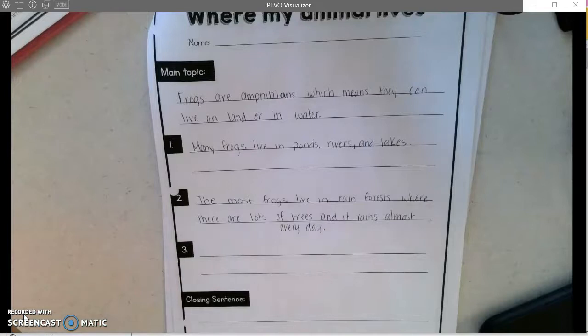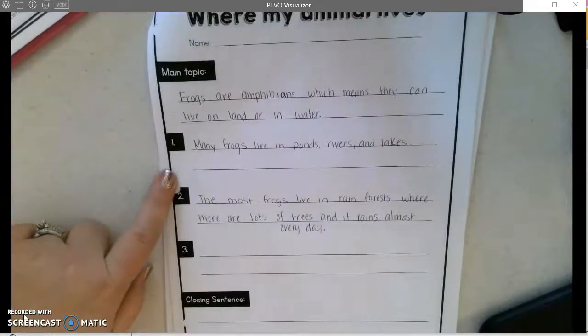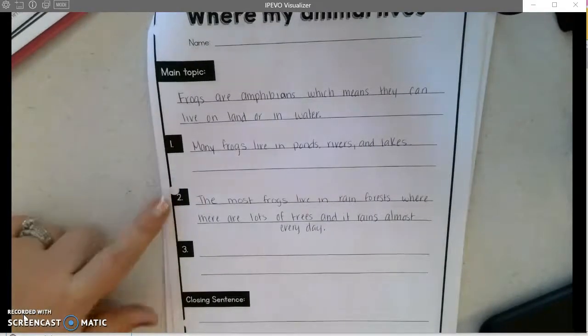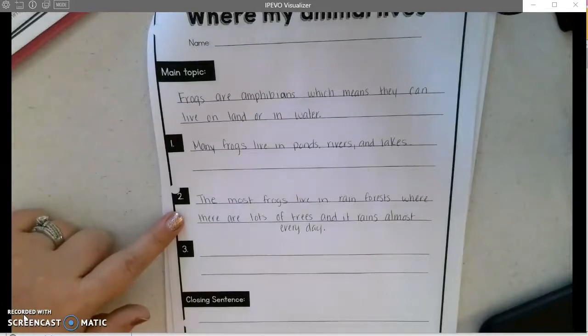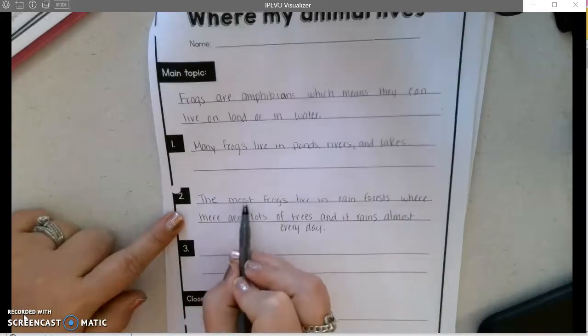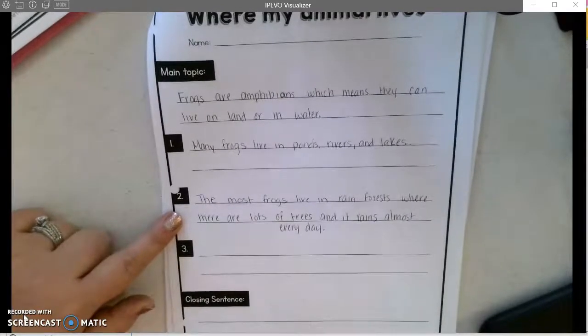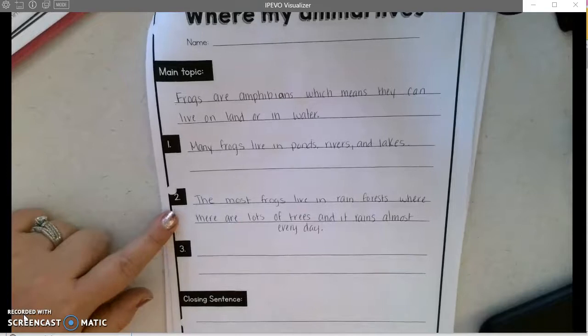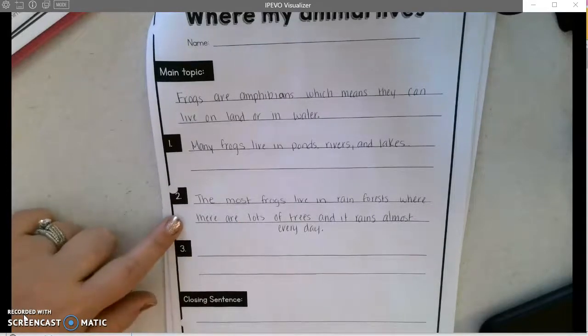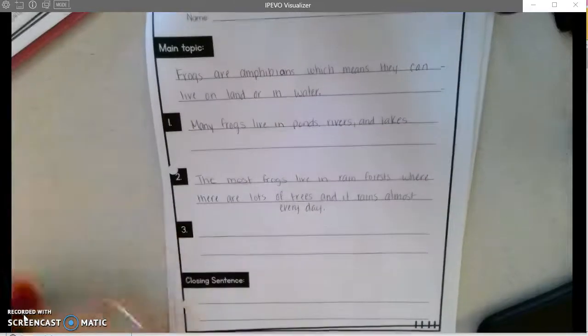Okay? So many frogs live in ponds, rivers, and lakes. Those are the ones that we find. But the most frogs, I thought that this was one of my interesting facts, that most of the frogs live in rainforests. And I think of the frogs that I see at the zoo in the little buildings when I think of these frogs. They're very cute.